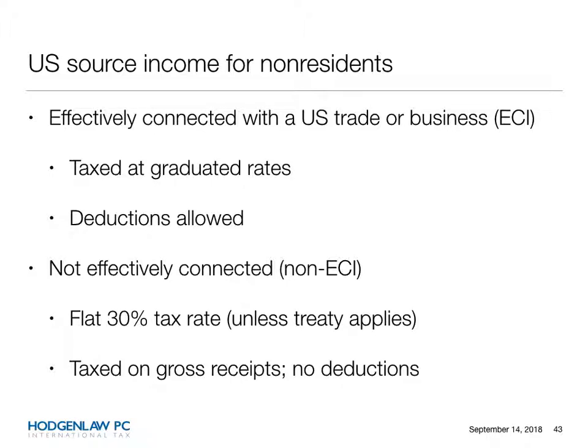Deductions are allowed to reduce effectively connected income, but not for non-effectively connected income. Effectively connected income is defined as income from sources connected with the conduct of a trade or business in the US. So usually active income, business income, not so much interest, dividends, or royalties.